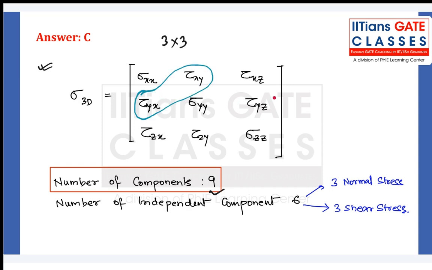So tau xy is equal to tau yx, tau zx is equal to tau xz, and tau zy is equal to tau yz. These are not independent, they are the same terms. So the total number of components would be 6. There are 3 normal stresses and 3 shear stresses.